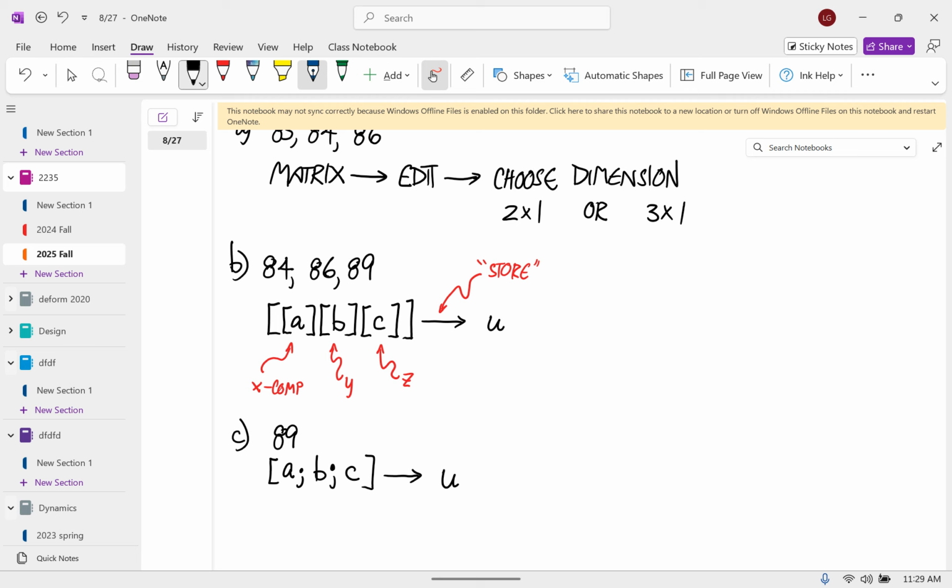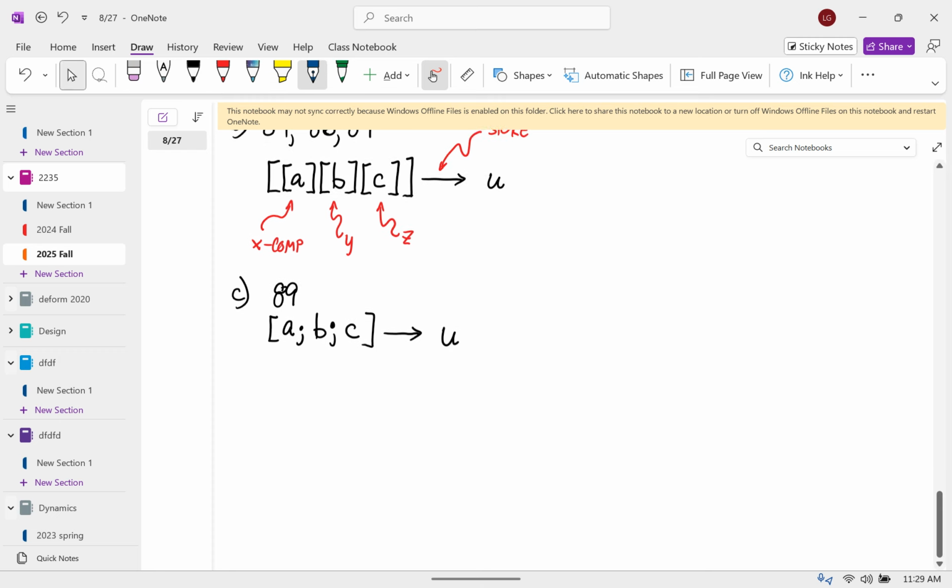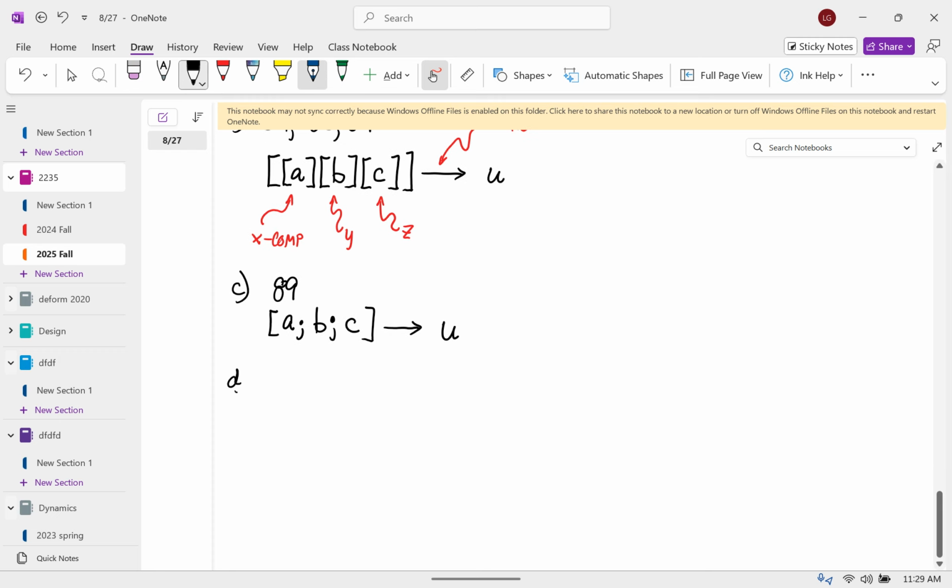Okay. And then the last one is if you have an Inspire, they have sort of their own matrix environment.